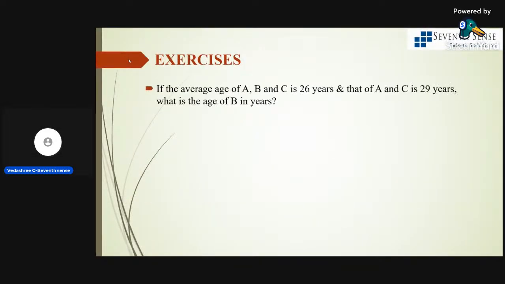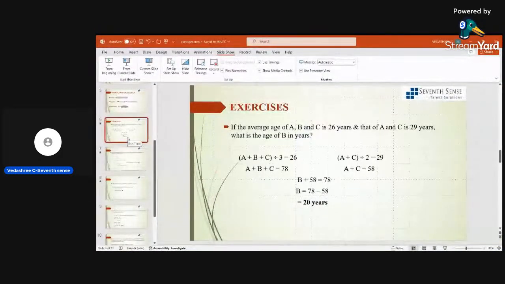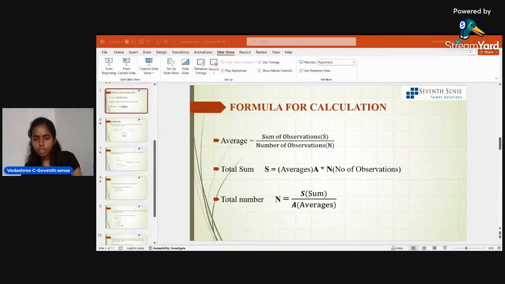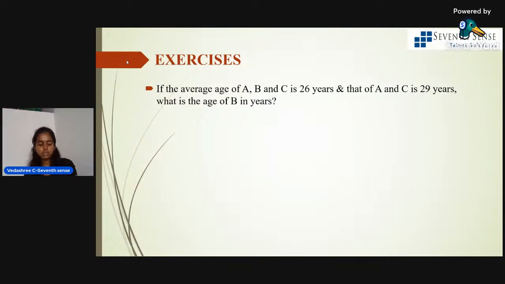Okay, try to solve this problem based on averages. Solve this problem.